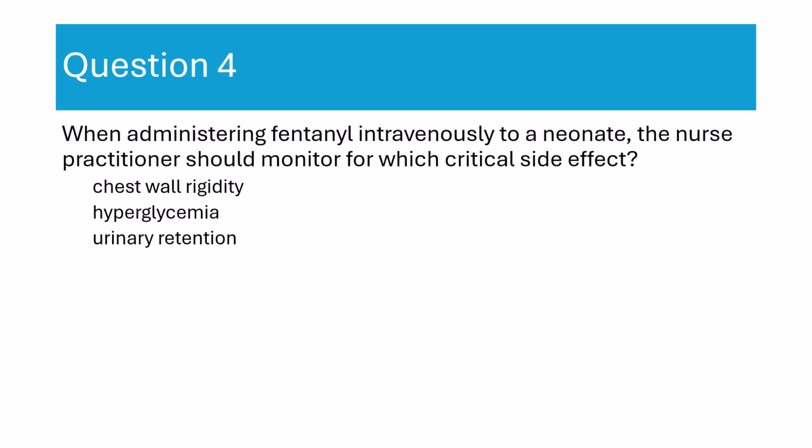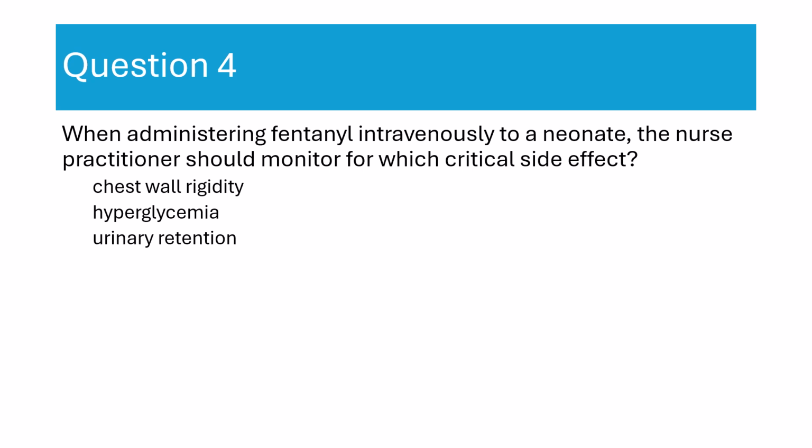When administering fentanyl intravenously to a neonate, the nurse practitioner should monitor for which critical side effect: chest wall rigidity, hyperglycemia, urinary retention? The correct choice is chest wall rigidity. This question is testing your knowledge of fentanyl's unique side effect profile in neonates, particularly with rapid administration.